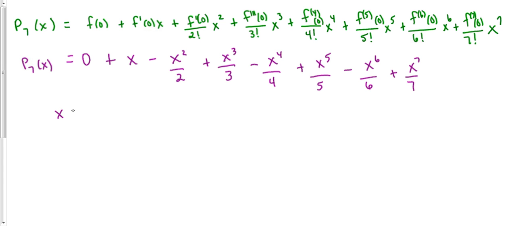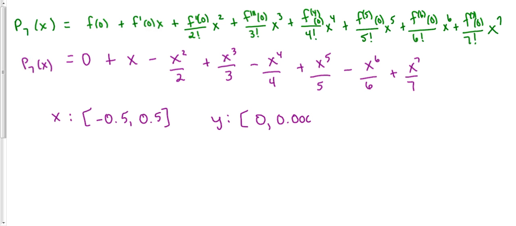So our x values should be the interval that we're looking at from negative 0.5 to positive 0.5. And for our y values, we want to take whatever that adequacy level is. So we want to go from 0 to 0.0001, 3 zeros there.